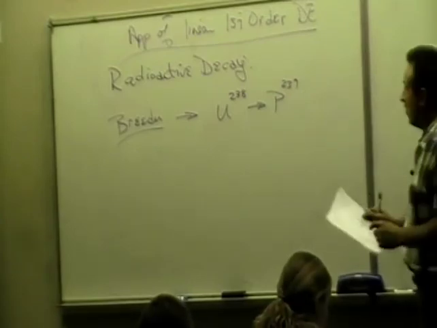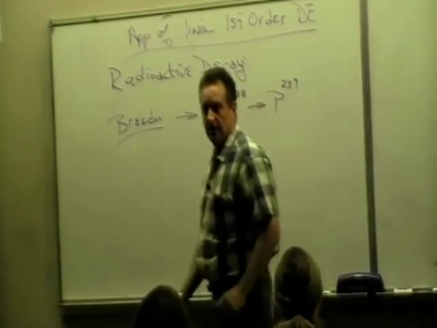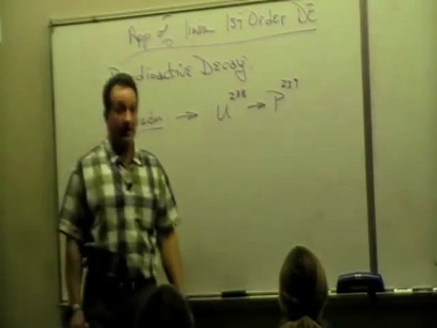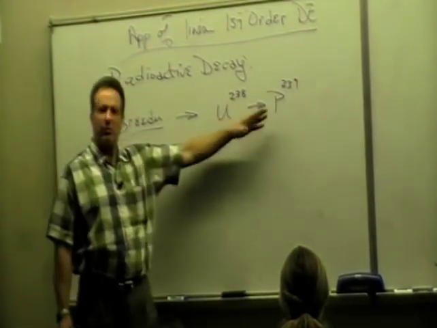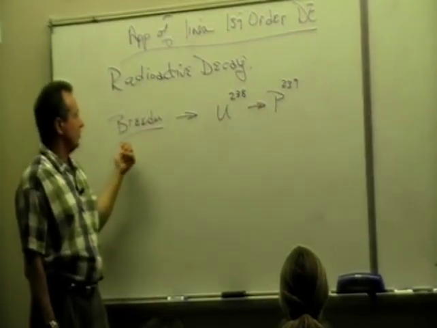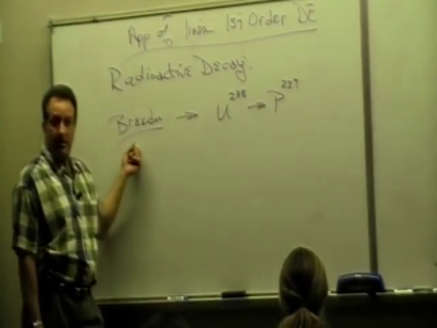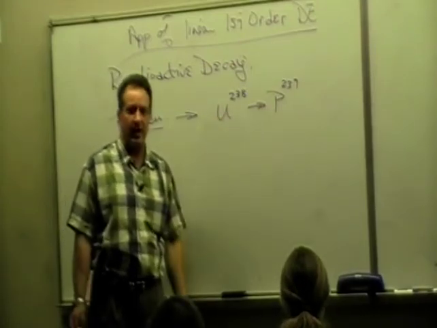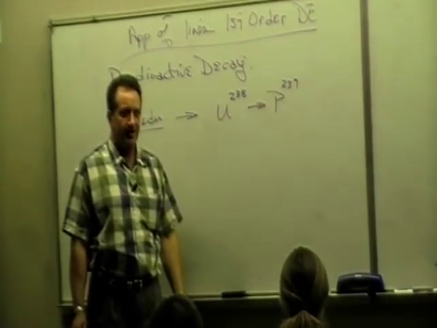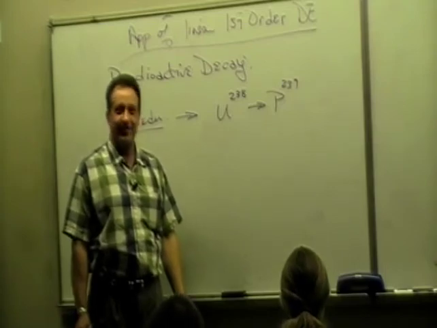238 is obviously what? Anyone know what 238 is? That's the atomic mass, right? And 239 is the atomic mass here. You know why there are actual breeder reactors around? What's the benefit of taking uranium-238 and turning it into plutonium-239? Pardon me?